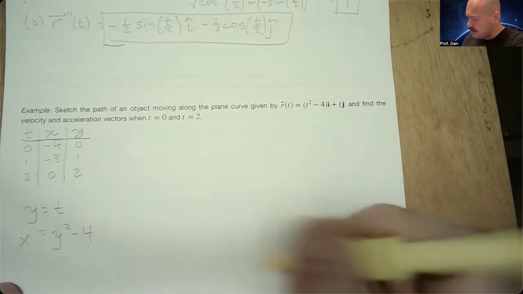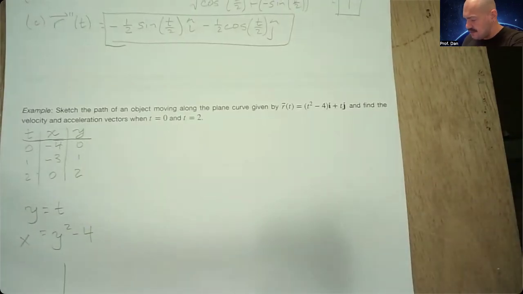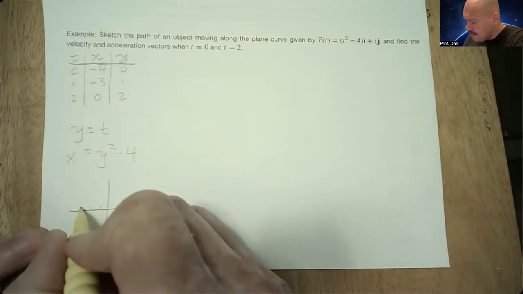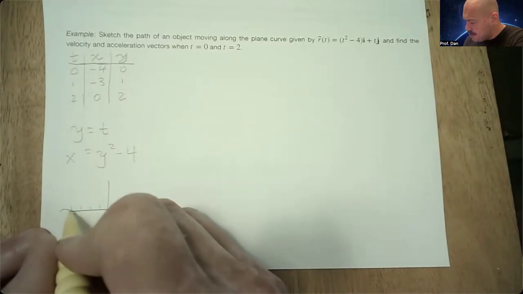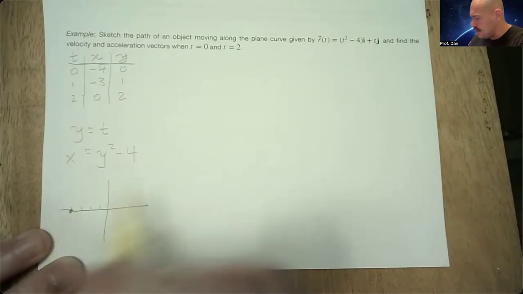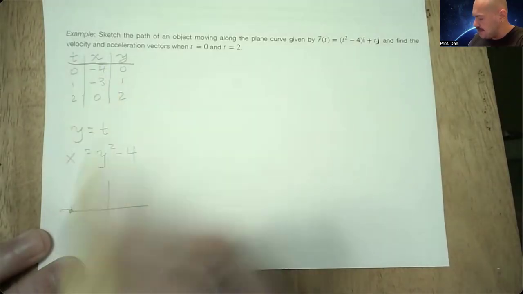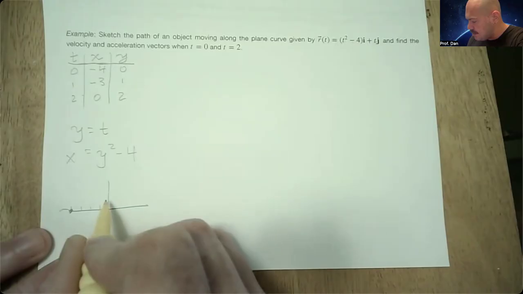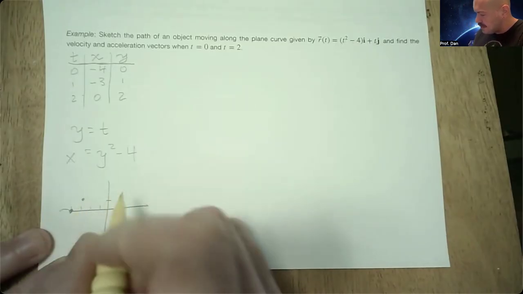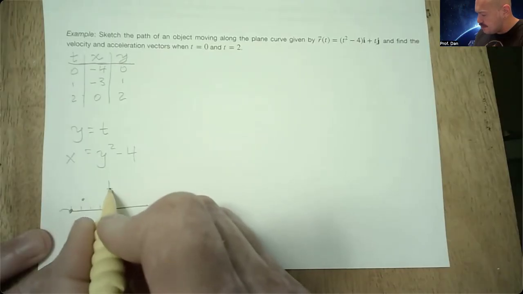So if I were to sketch this, right, this would be the point when t is equal to 0. Okay. Then when t is equal to 1, we would go negative 3, positive 1, and 0, 2.